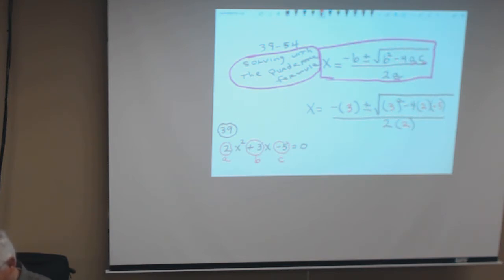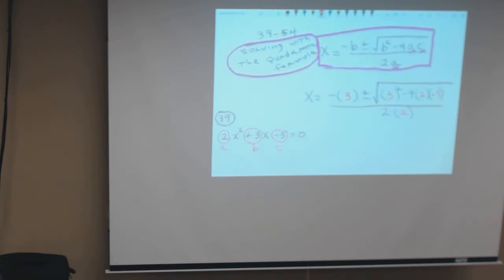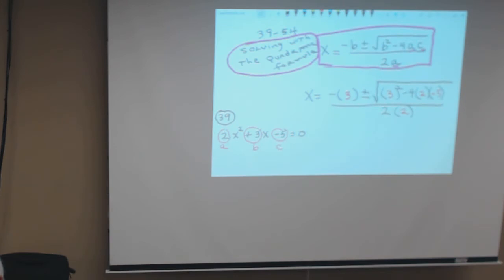It's negative B plus or minus the square root of B squared minus 4 times A times C, divided by 2 times A. And yes, there's a quadratic formula calculator, but it requires you to put in the A, the B, and the C.